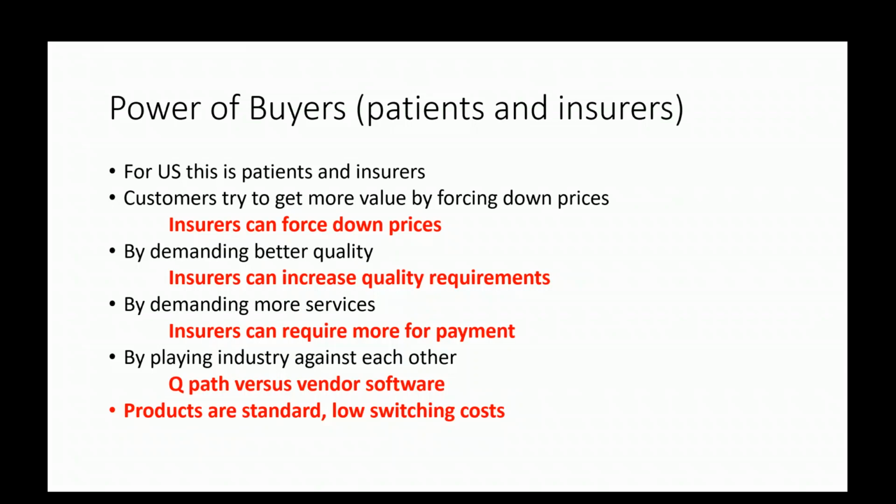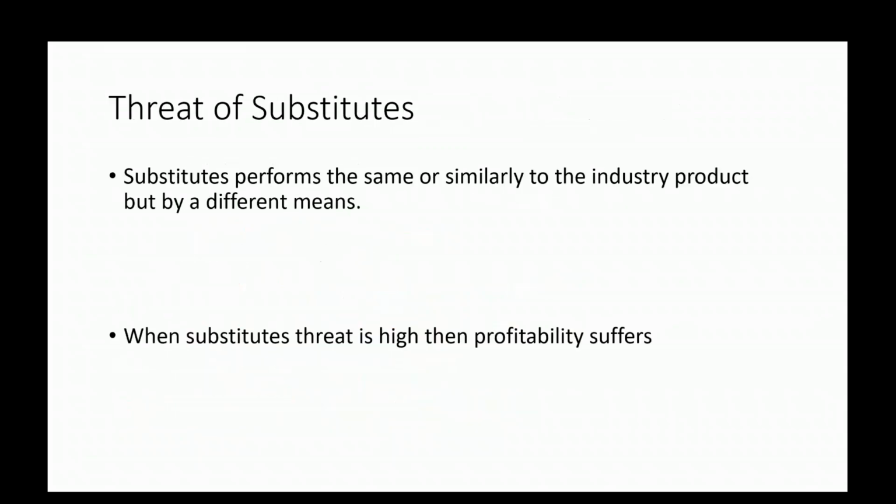Interestingly, I guess a lot of these vendors now are developing their own software that they're kind of bundling with their equipment that they're selling. Although they're not restrictive enough that they're saying, well, you can't even use QPath. But that may be something that is going to be a good thing, a bad thing, I'm not sure. But more and more vendors are starting to do that, I guess. But I think the products are relatively standard. So I think the cost to switch from different suppliers is relatively low.